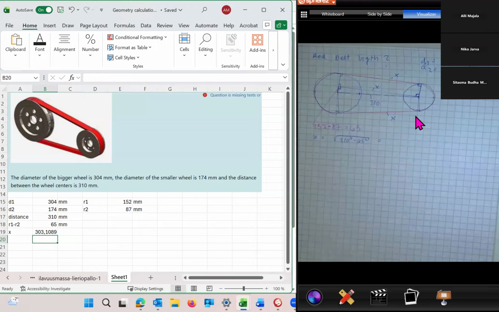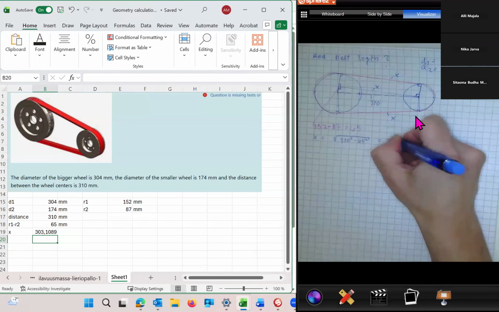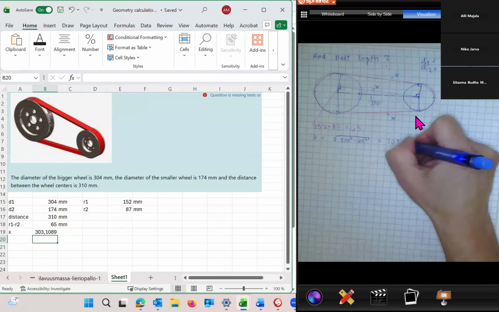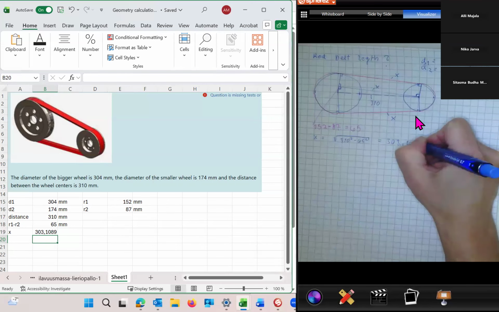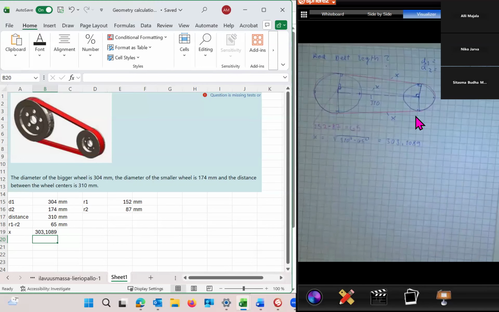Well, this was now with these numbers. Then I have to know these lengths here. So I know that there's two of the X's and only these lengths are still to be found.